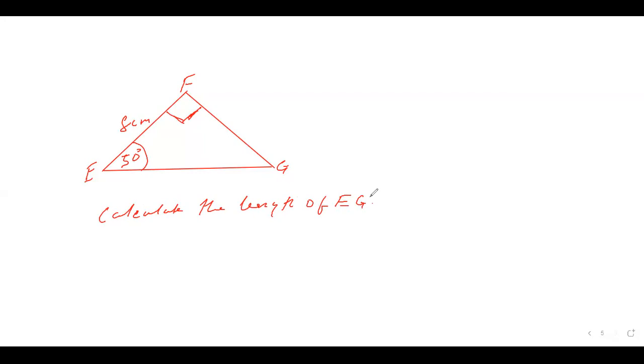Now, where would be my hypotenuse? Is it EF or EG? EG. Look at the right angle. The side opposite the right angle is always your hypotenuse. So I intentionally gave you that.